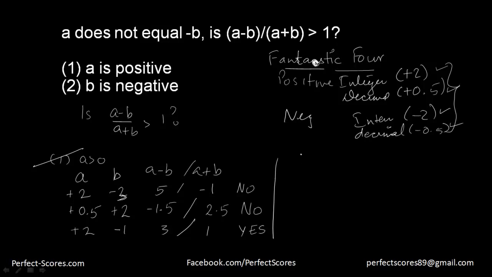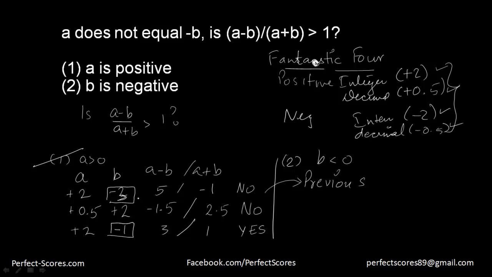Right? Now let me try with the second statement, which says that b is a negative number. Now this is something of a jackpot here, in that you don't need to try any values. What you can do is you can actually try the values from the previous statement. Right? Now from the previous statement, b is negative here and b is negative here.